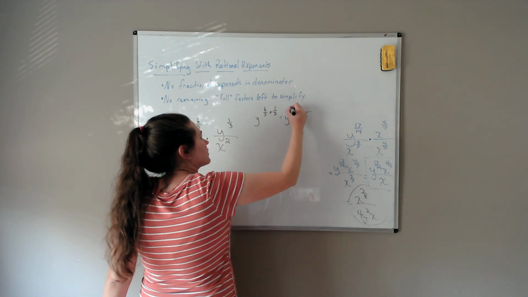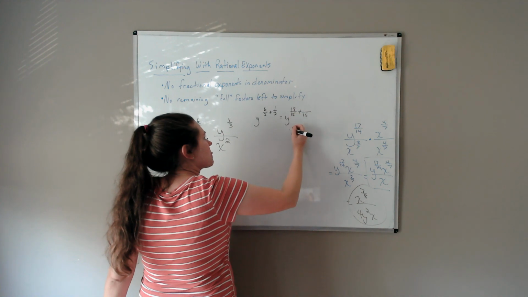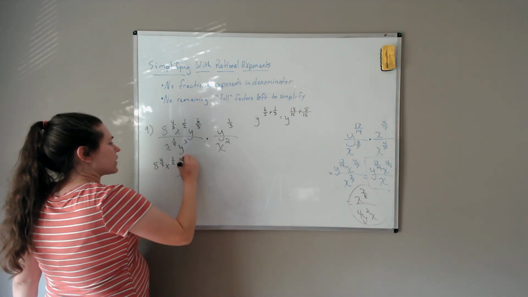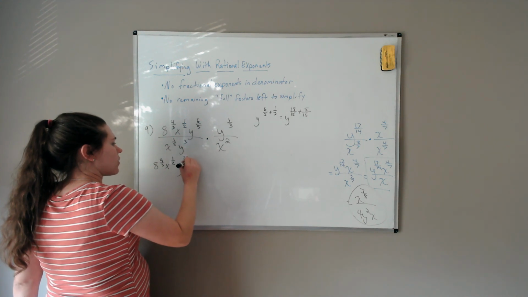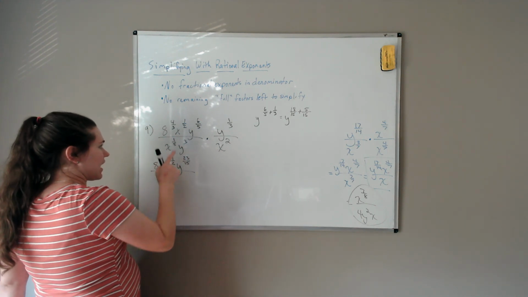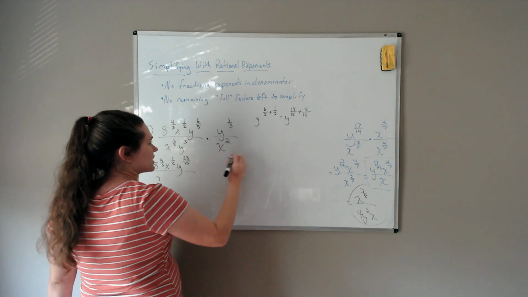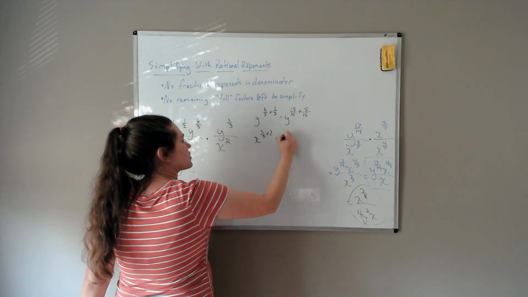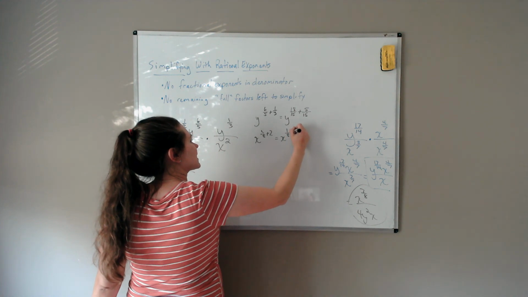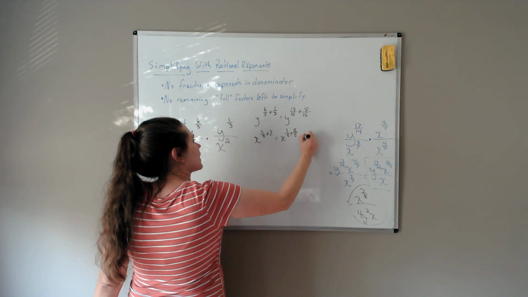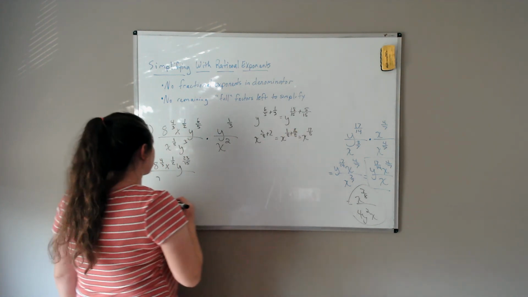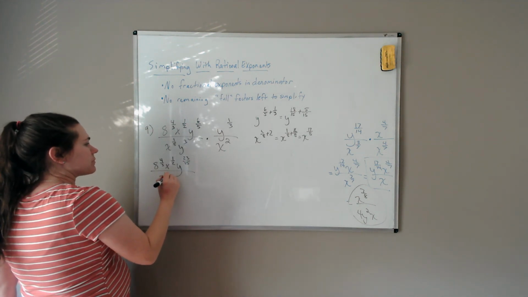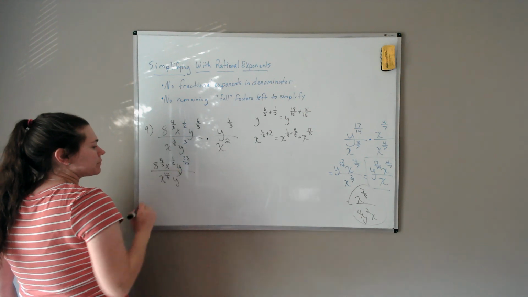So that's going to become 18, and that's going to become 5, so this will be y to the 23/15 over x to the 1/8 times x to the 2nd, so we should be adding. So that's going to be x to the 1/8 plus 16/8. That's going to be x to the 17/8, y to the 3rd.